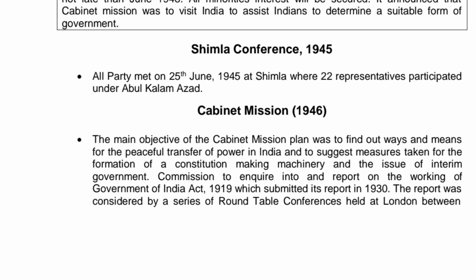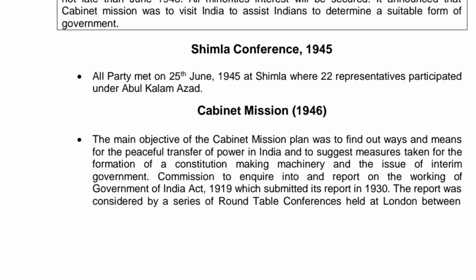The main objective of the Cabinet Mission plan was to find out ways and means for the peaceful transfer of power in India and to suggest measures for the formation of constitution-making machinery and the issue of an interim government.